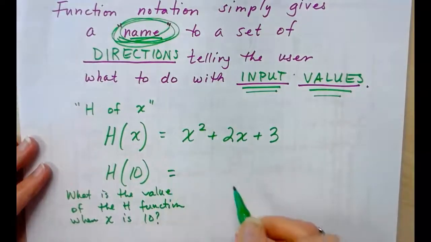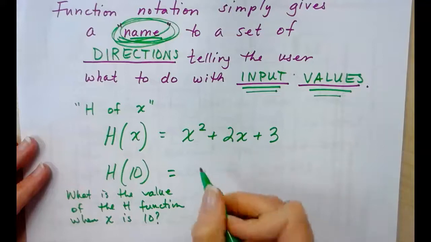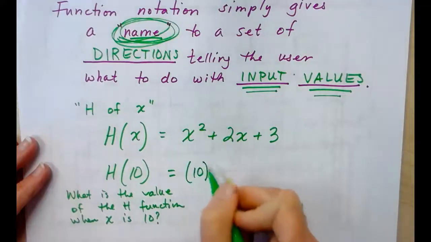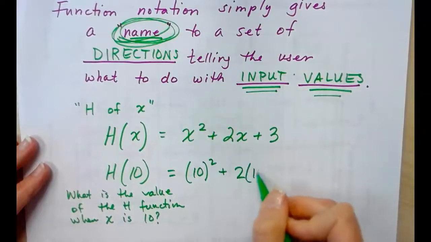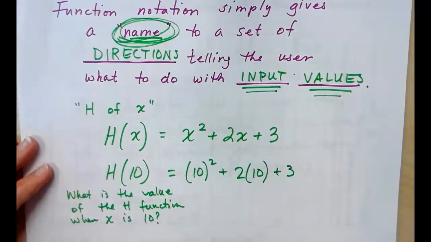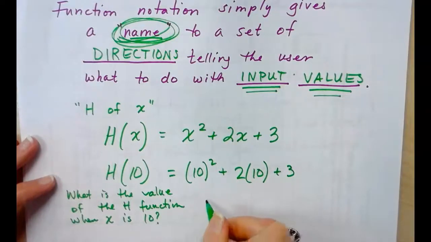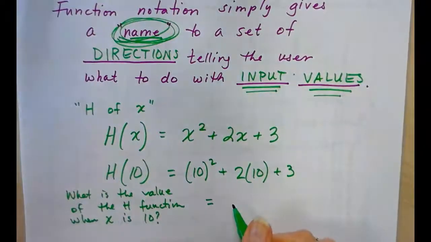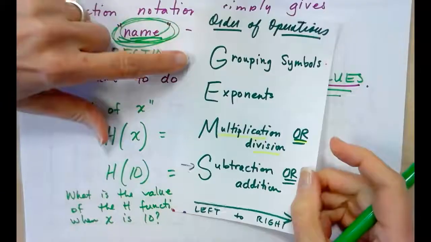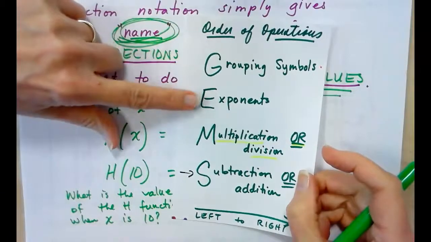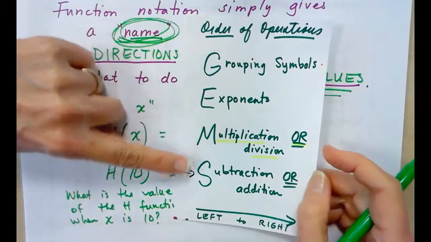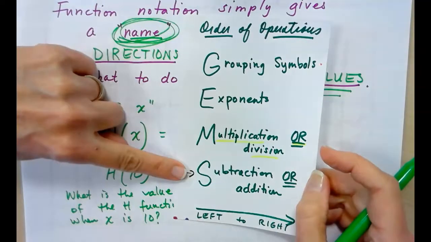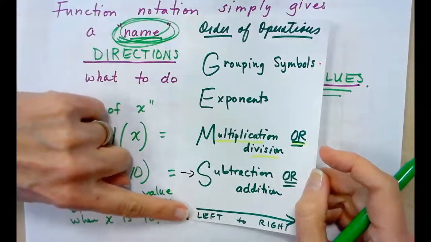So let's evaluate the function when X equals 10. So everywhere I see an X, I'm plugging in 10. Notice my use of parentheses here. Parentheses are very helpful. So we're going to follow order of operations. And remember, order of operations starts with grouping symbols, followed by exponents, followed by multiply or divide, followed by subtract or add, all in order from left to right.